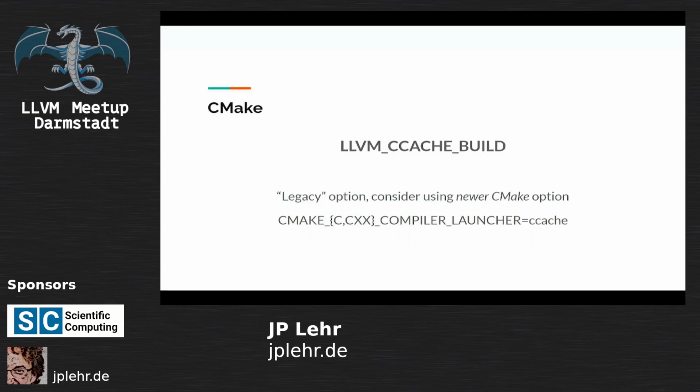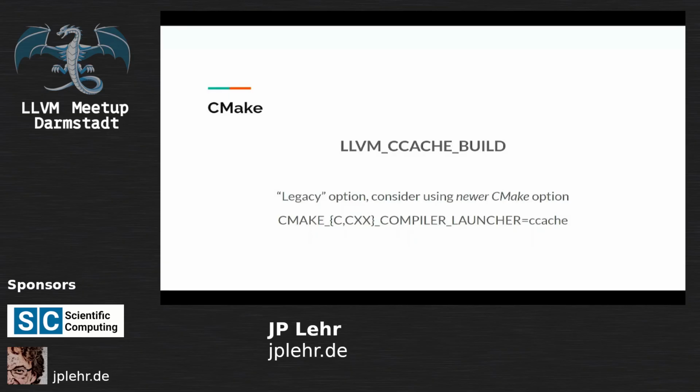Then something that is called LLVM_CCACHE_BUILD, and you will see that flag used in some of the buildbot configs that have been around for quite some time. That is now considered the legacy option because CMake introduced CMAKE_C_COMPILER_LAUNCHER and CMAKE_CXX_COMPILER_LAUNCHER, where you can give it the ccache.